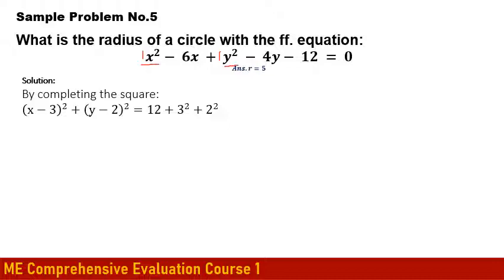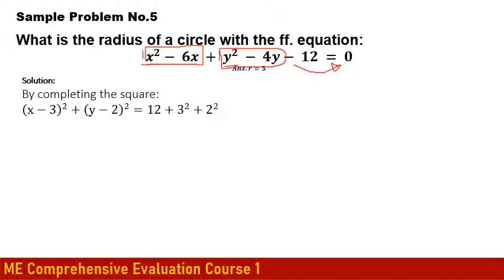So what we did is simply we separate those terms that have x or x squared, and also those terms that have y or y squared, and we put all the constant value on the right side. So just like here, for x squared minus 6x, to complete the square, we'll simply divide 6 by 2 and take the square of that.